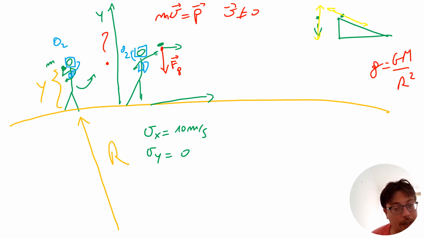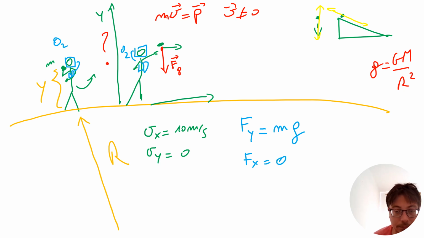So gravity is acting in this direction, so the force is easy. We have only a force in the y direction, which is mg, and in the x direction the force is 0.